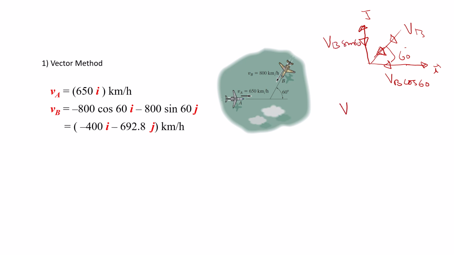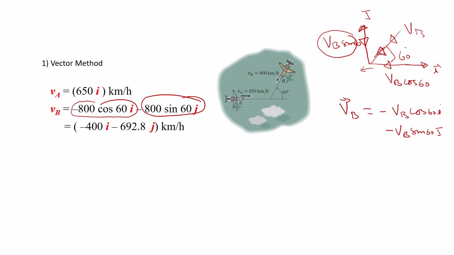So you can write VB as a vector in components: in the negative I direction, you have minus VB cosine 60 I, and in the J direction the component is also negative, so you have minus VB sine 60 J. You put in the values, and this is what you get.